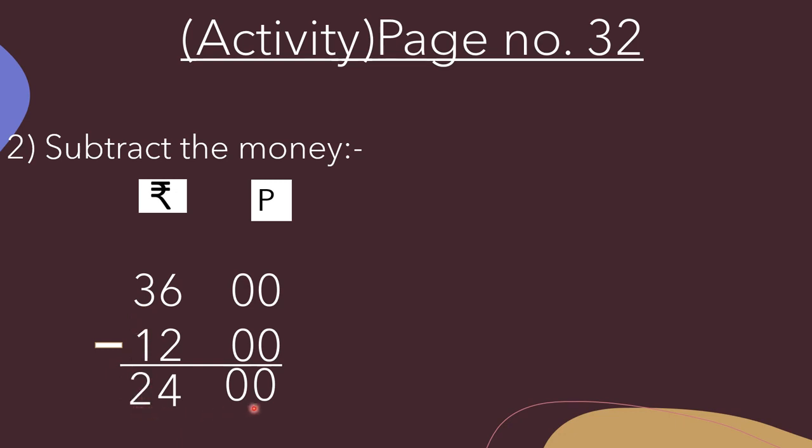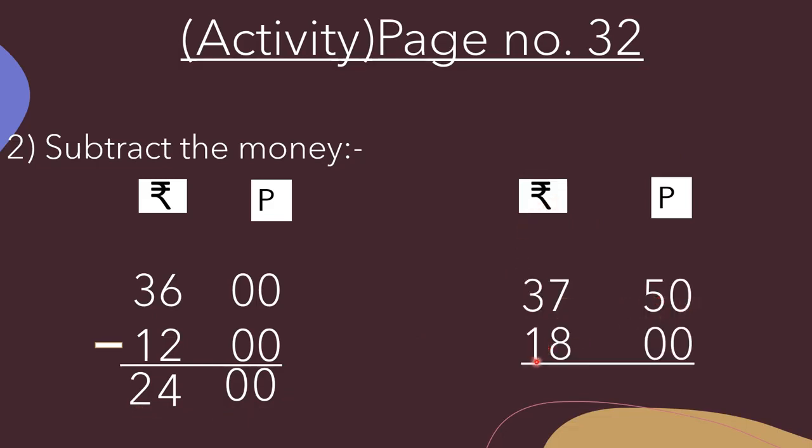That is 24 rupees. Now in the next sum, it is given 37 rupees 50 paise and we have to subtract 18 rupees from it. Okay. Now we will start from our right hand side. 0 minus 0 is equal to 0. 5 minus 0 is equal to 5. Now 7 minus 8. So here beta you can see 7 is a smaller number than 8. So we cannot subtract 8 from 7. So here we will take borrow and this 7 will become 7 plus 10, that is equal to 17.